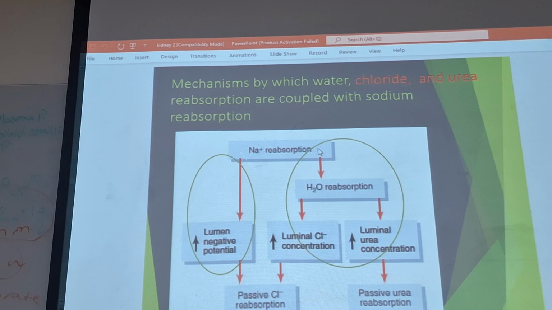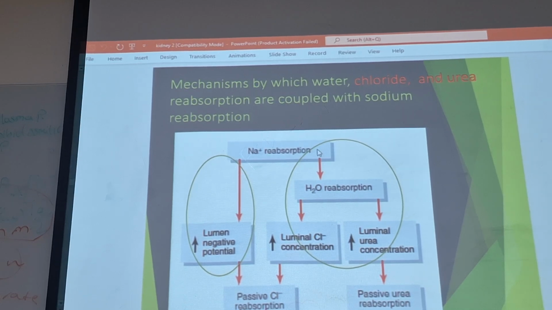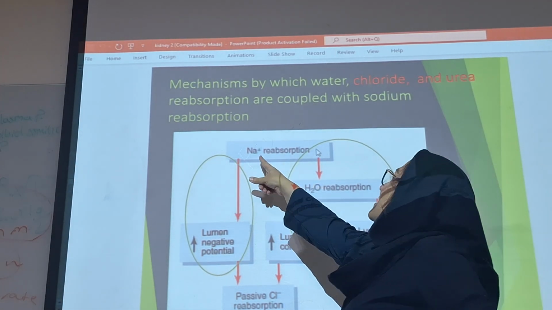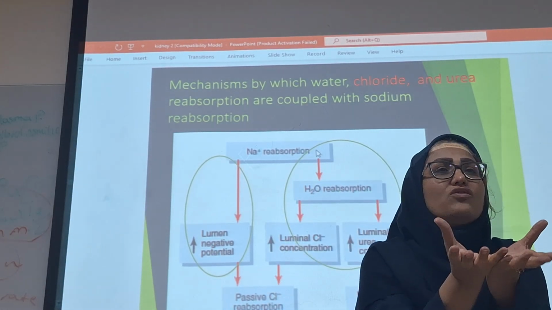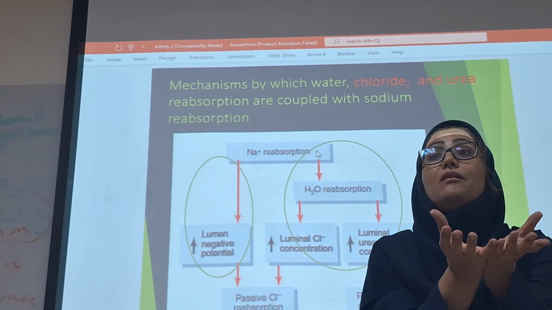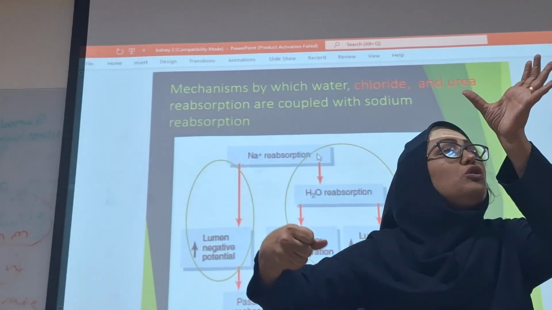And here, this mechanism shows how chloride and water reabsorption are coupled with sodium reabsorption. Sodium is reabsorbed, removed from the lumen.